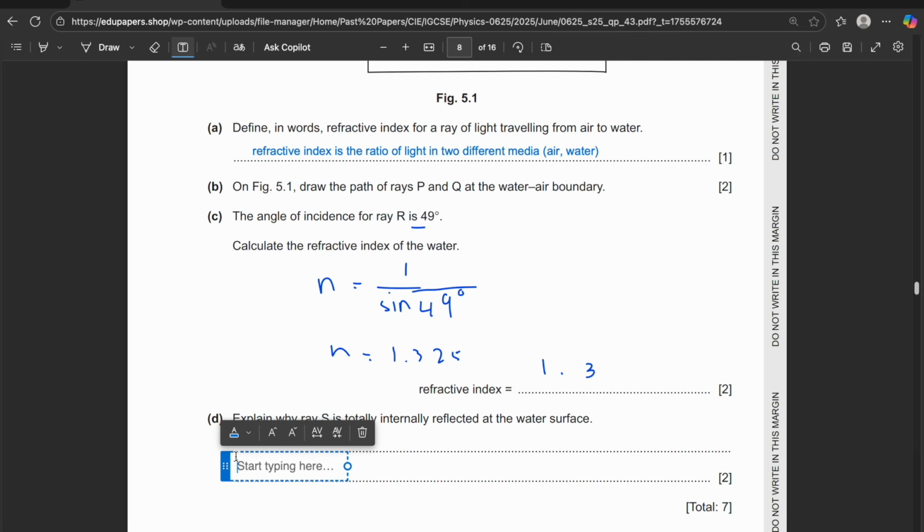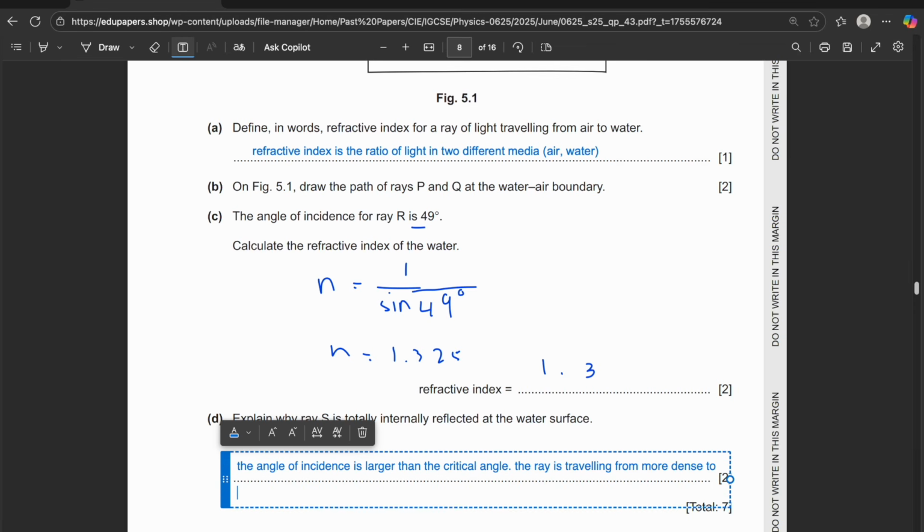Firstly, the angle of incidence is larger than the critical angle. Secondly, the ray is traveling from more dense to less dense material.